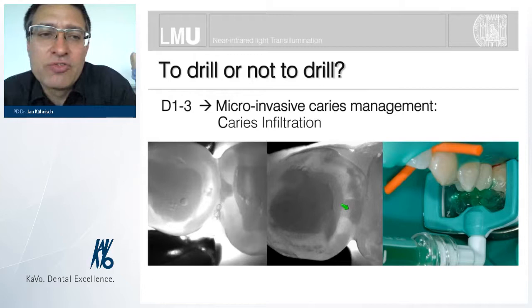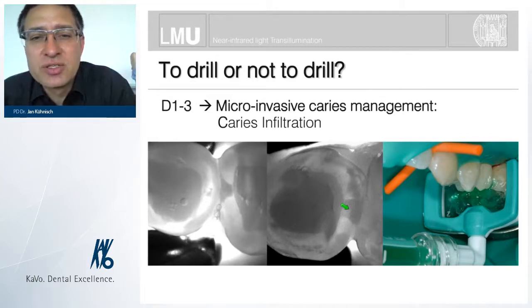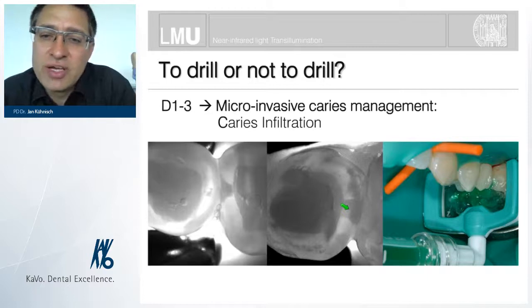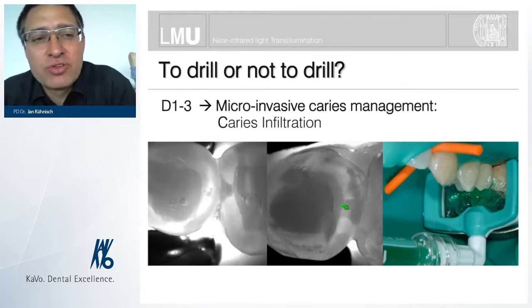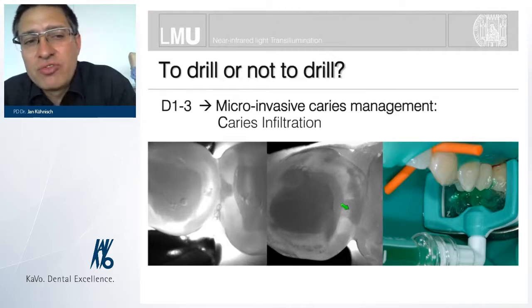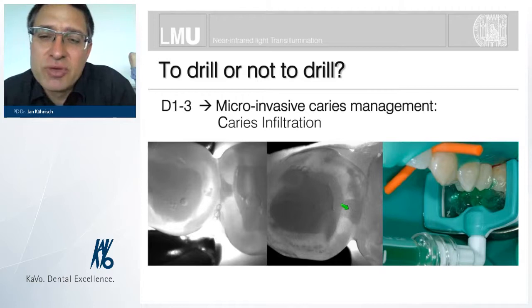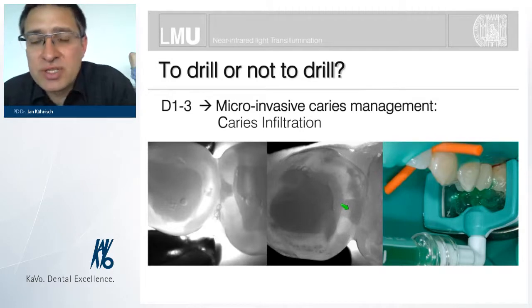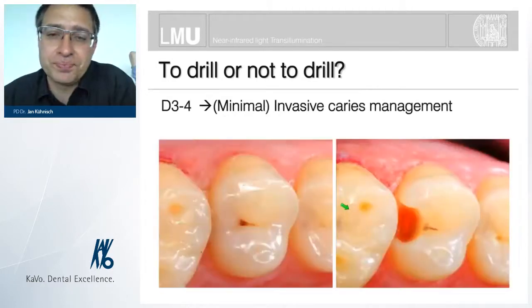And what we know from clinical studies from the last years is that we are successful in 75–80% of our cases to arrest the lesions. But it means on the other side that we have to monitor these lesions, that we have to observe if we are successful with our preventive measures, if we are finding a stagnation of these caries lesions, or if the caries process is going on.